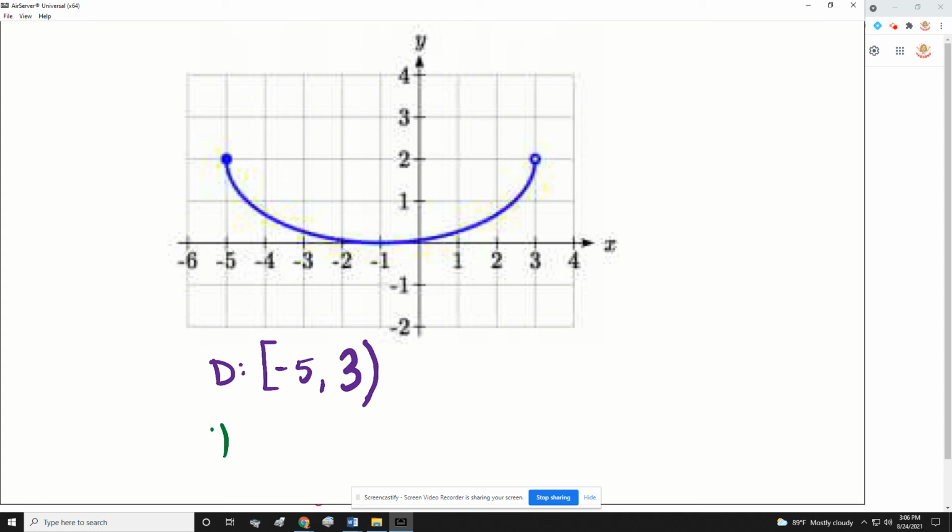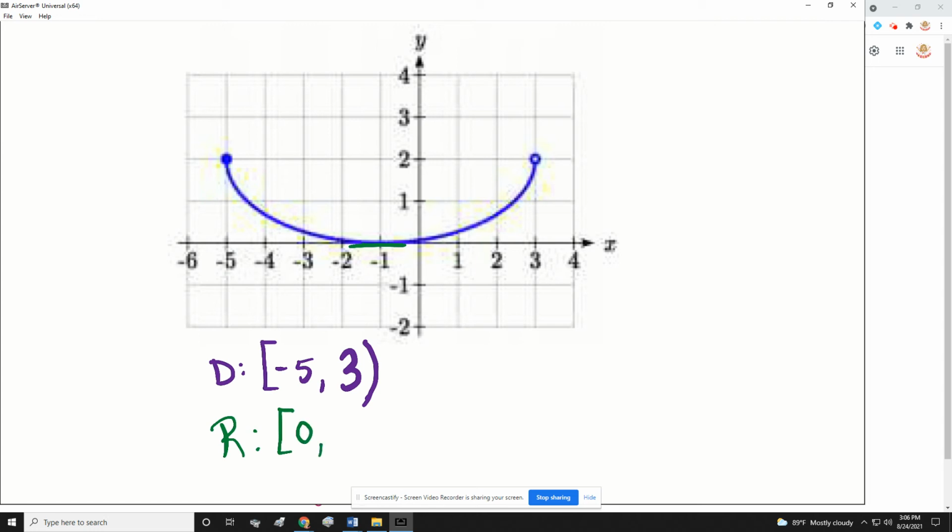All right. And then for the range, we are thinking from bottom to top, the smallest y value where we have something graphed up to the largest y value where we have something graphed. And it looks like this graph just kind of scrapes the x-axis, and on the x-axis, the y is 0.